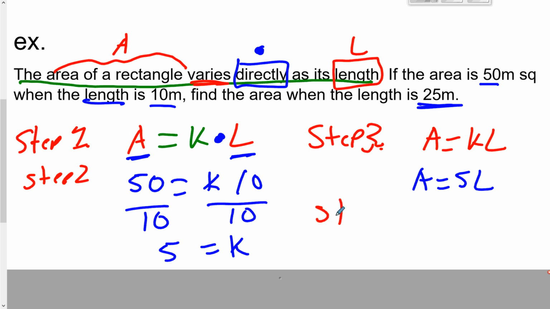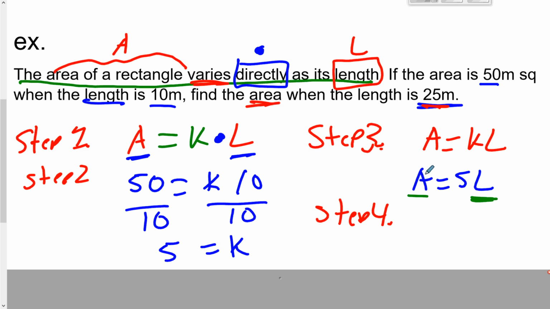Now we can solve for any additional information they give us. We could find the area if the length is 12. That's why we have a formula, right? You give me any length, any number you want, and I can find the area, because now I have the relationship. Whatever the length is, I'm multiplying 5 by it to get my area.